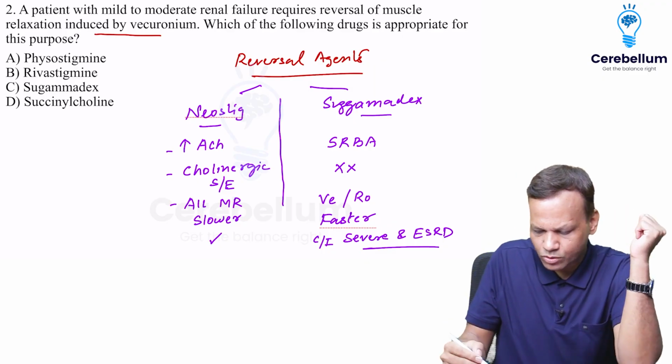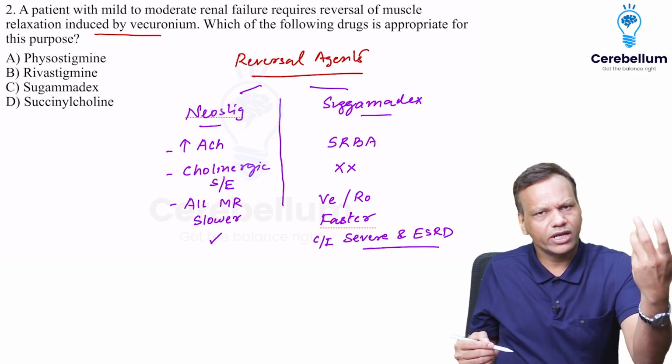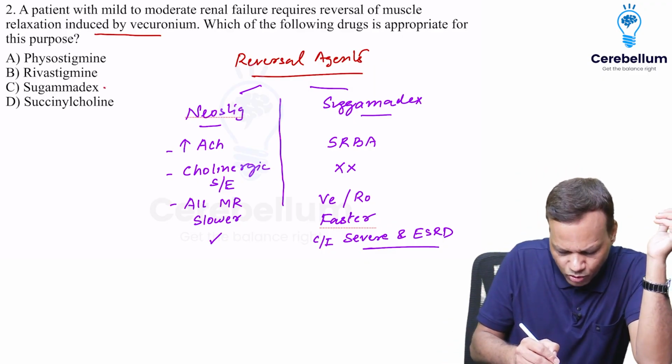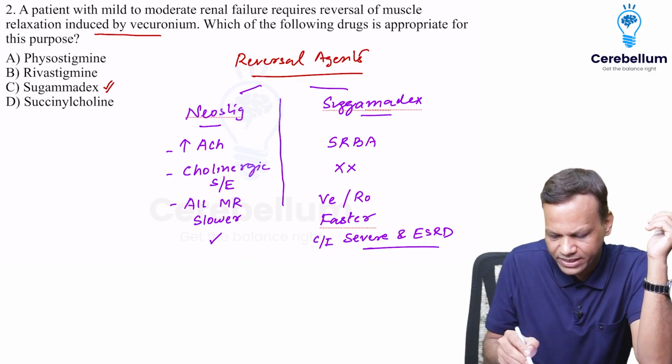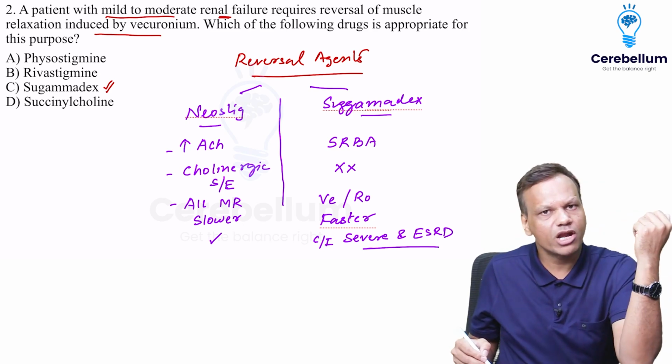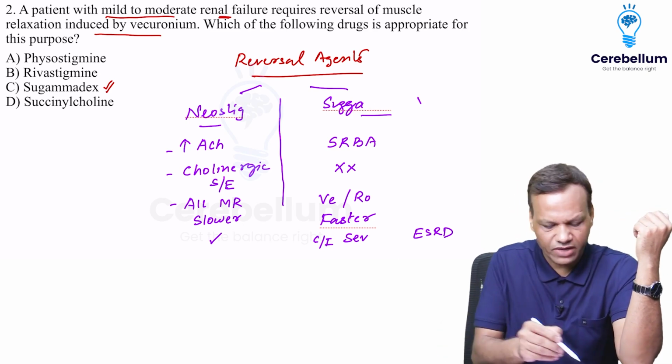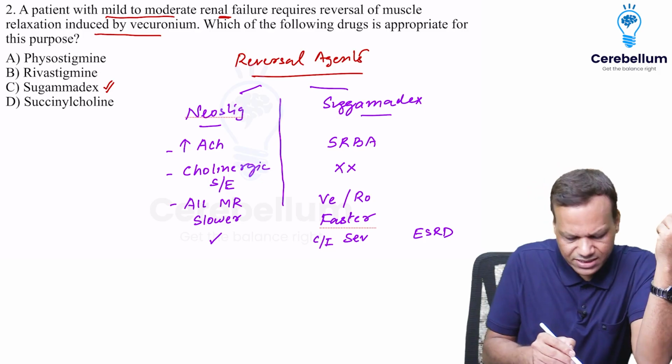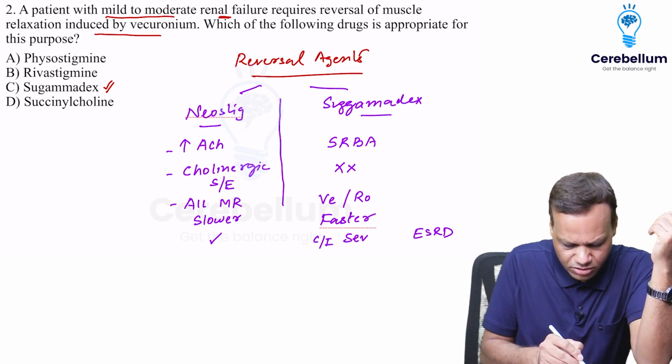So if we see the question, neostigmine is not in the option, so the answer directly becomes sugammadex. You may get confused by renal failure, but they have specifically mentioned mild to moderate. So mild to moderate we can give sugammadex, in severe we cannot give. Clear? So the answer is easy because neostigmine is not in the option, so the answer becomes sugammadex.